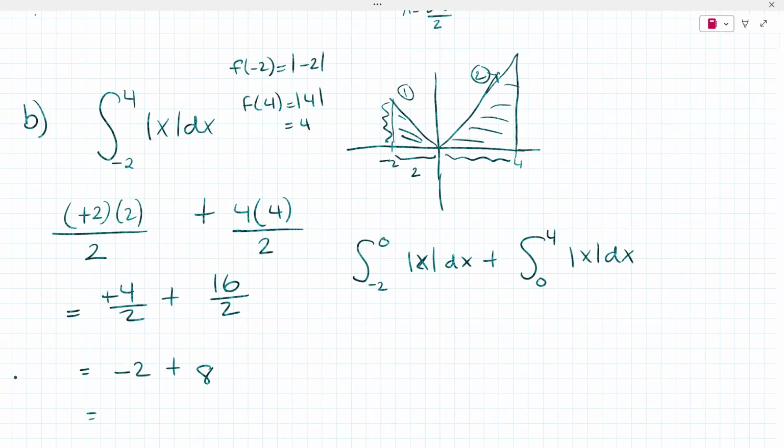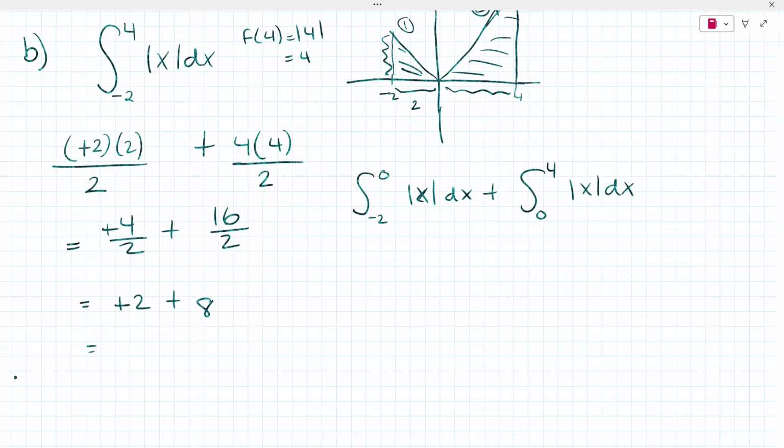So that should be +4 over 2. And then from 0 to 4, the base is 4, and the height is 4, because if you plug in the absolute value of 4, it is 4, and then all over 2, and that gives you 10. Okay.